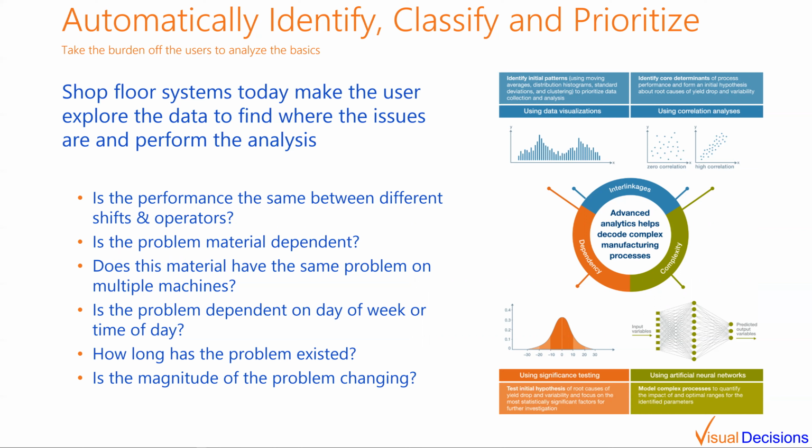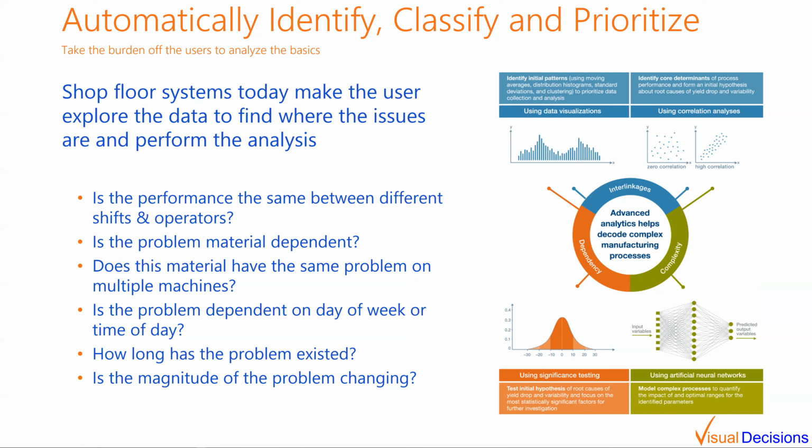But then we can also train the system to look at a number of different contextual clues to see if we actually have information to automatically ascribe what the root cause of the problem is. And so systems can automatically do a lot of those analyses that we talked about earlier.